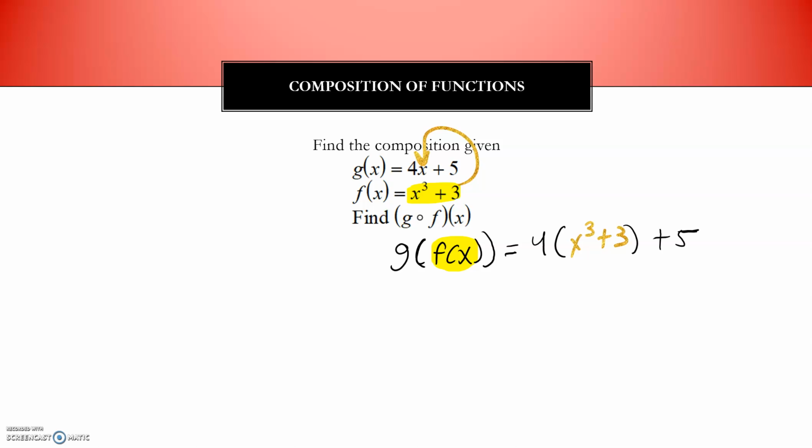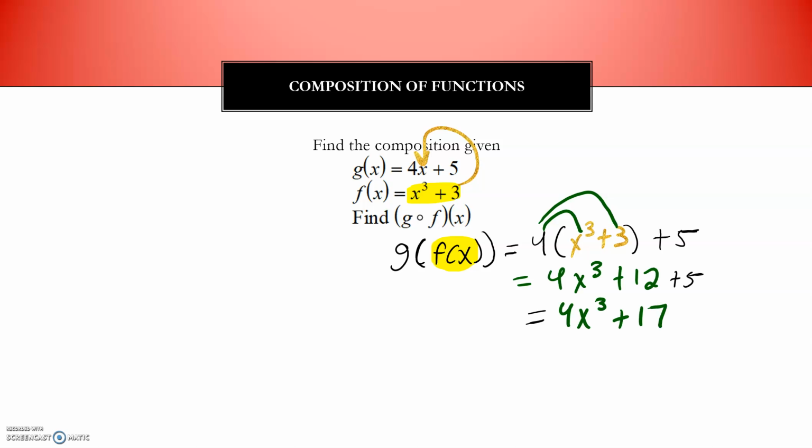So we're going to do 4 times x to the third and 4 times 3, 4x to the third plus 12, and then we still have that plus 5, and then we finish up by combining like terms: 4x to the third plus 17.